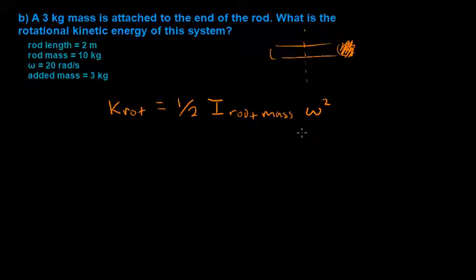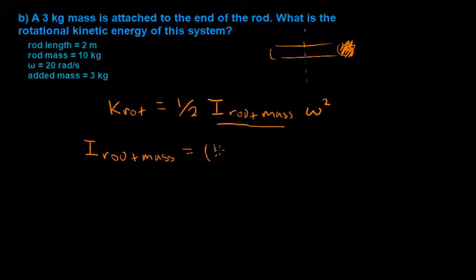So now we're looking at a different moment of inertia than in part A, because we have this mass attached at the end of our rod, so we have to see how that changes our moment of inertia.